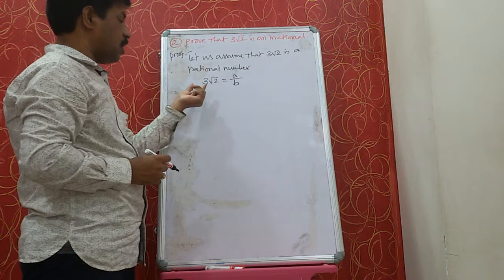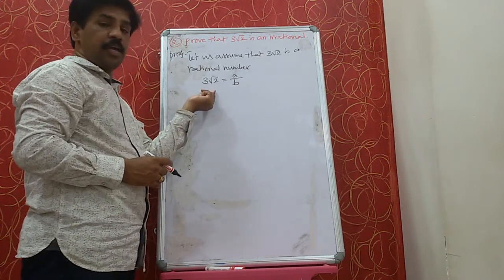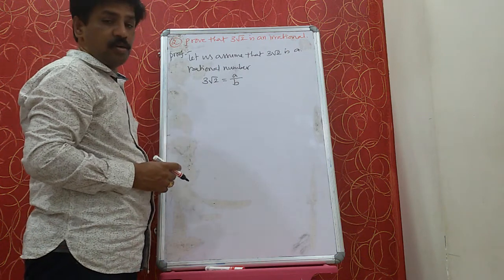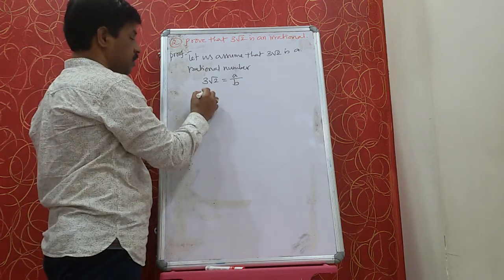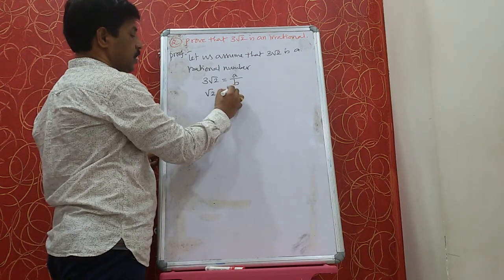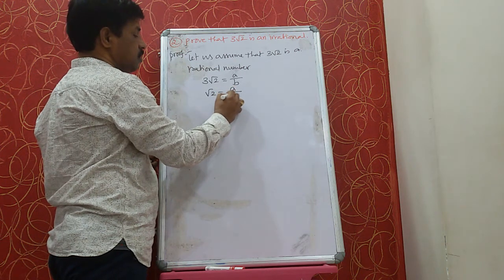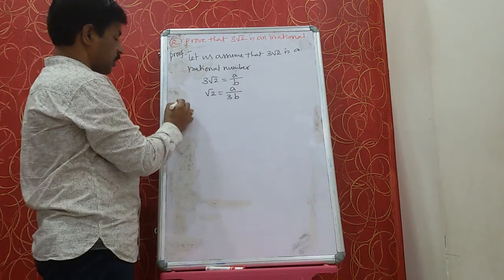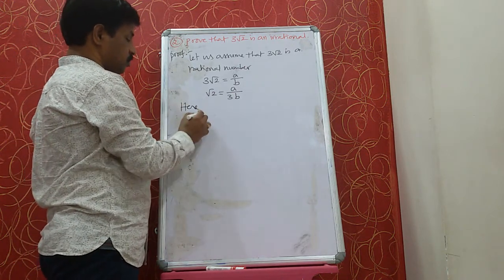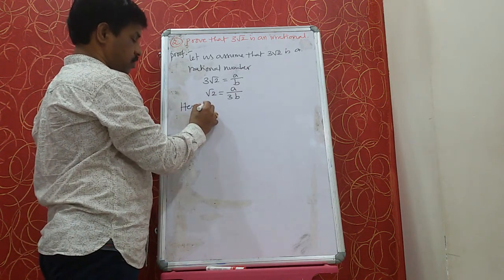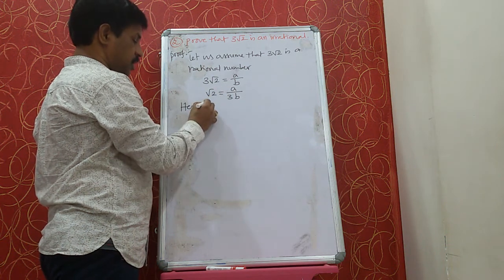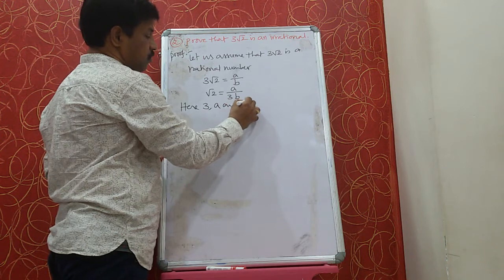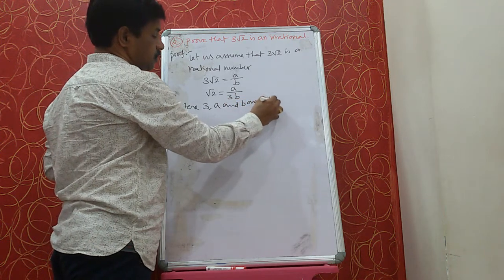If we keep only the root value on the left-hand side and transpose 3 to the right-hand side, we get root 2 equal to a by 3b. Here 3, a and b are integers.